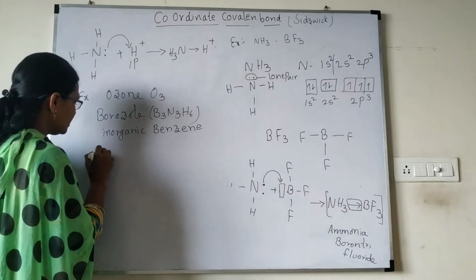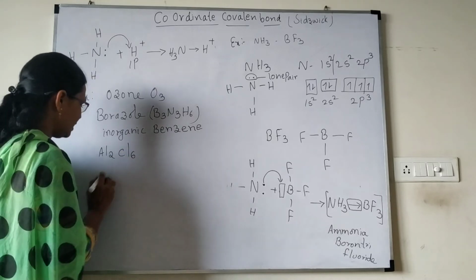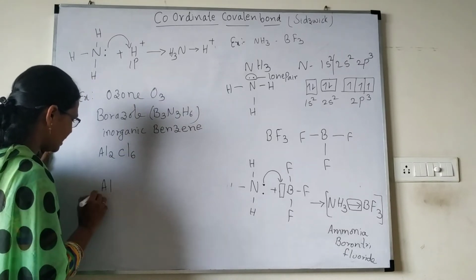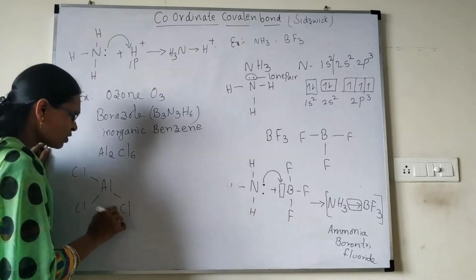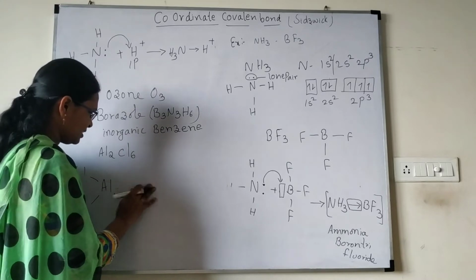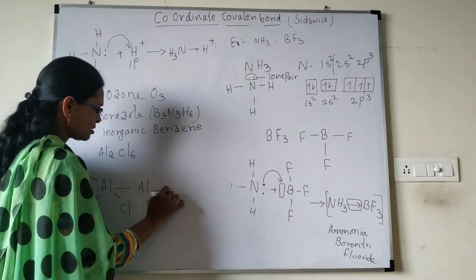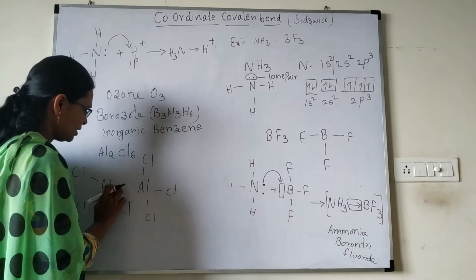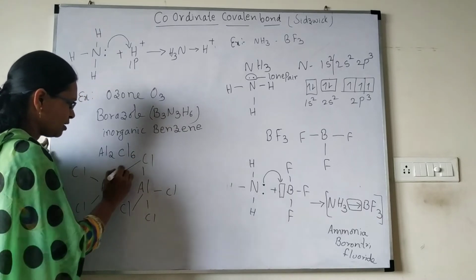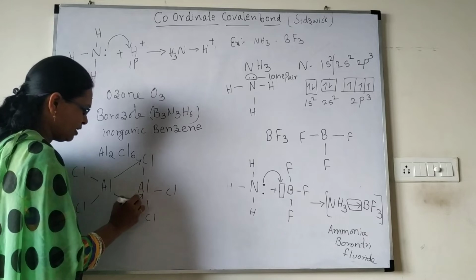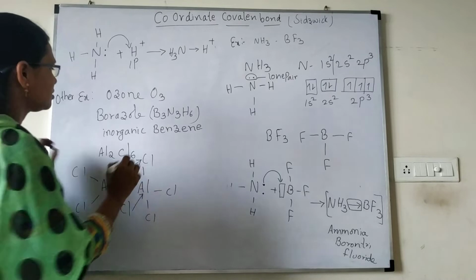And aluminium trichloride, like Al2Cl6, okay. So here AlCl3, you take the AlCl3 molecule. The same way here, the dative bond is forming between these two, AlCl3. Okay, so here the chlorine atom will attract towards this and again this. Okay, so this is called a dative bond. Here aluminum is having lone pairs again. So here two dative bonds we can form.